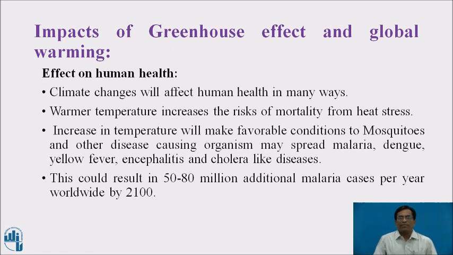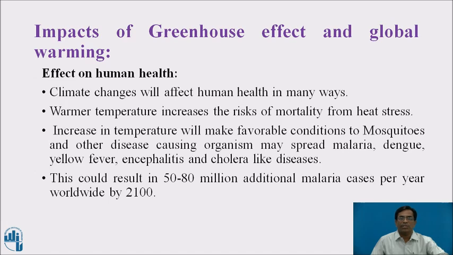Impacts of greenhouse effect and global warming. Effect on human health. Climate changes will affect human health in many ways. Warmer temperature increases the risk of mortality from heat stress.